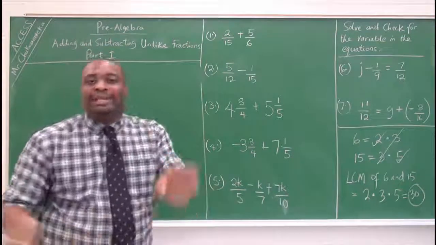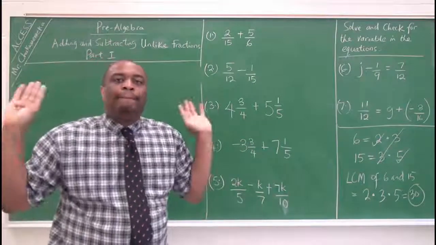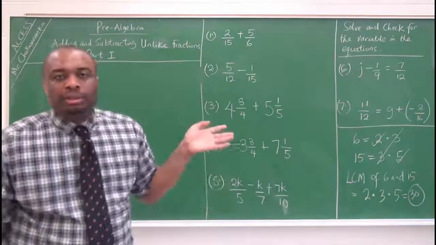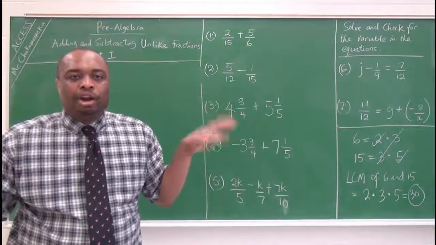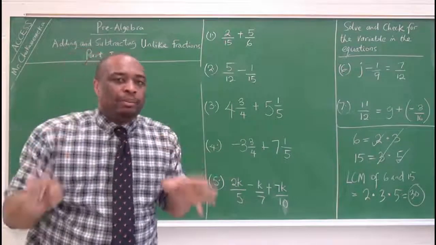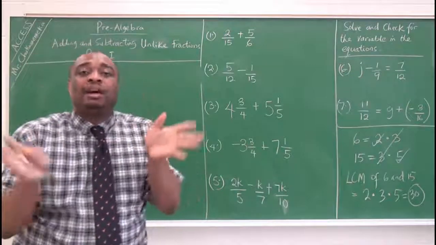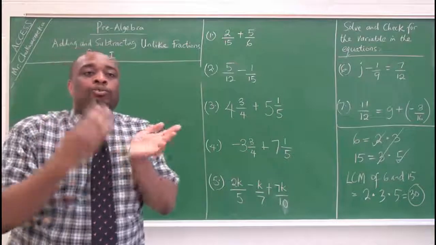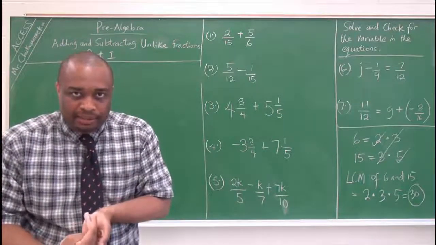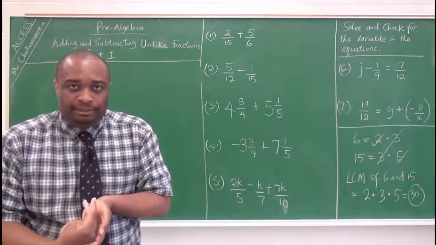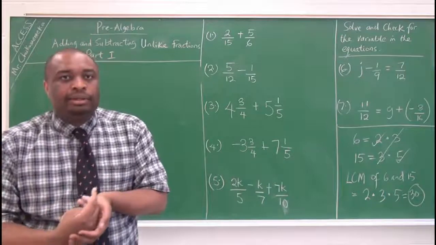The first thing to do is to make it a like fraction, which means get the 2 different denominators and make them to have a common denominator. Not just a common denominator, but make them to have the least common denominator, because we want to work with the simplest denominator, the simplest common denominator. That simplest common denominator is the least common denominator.